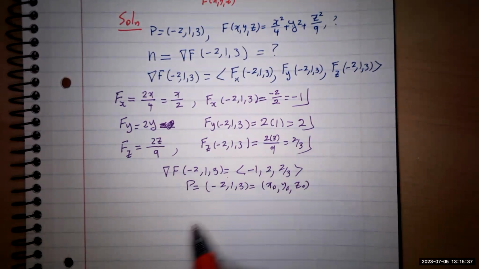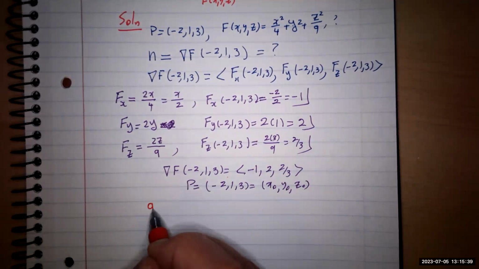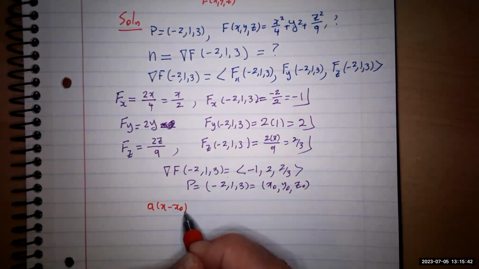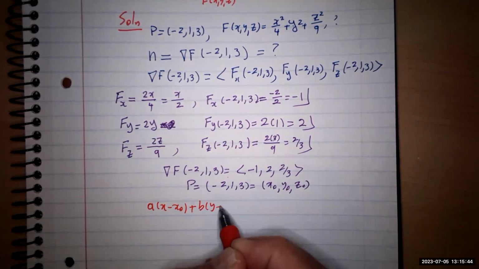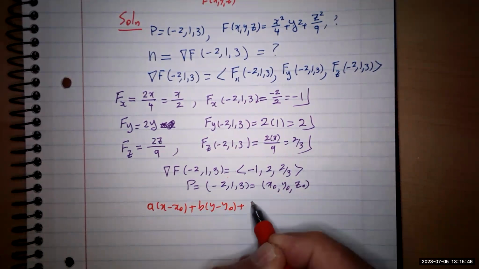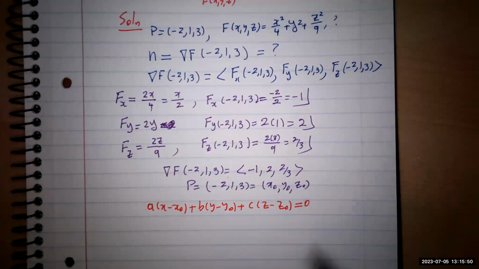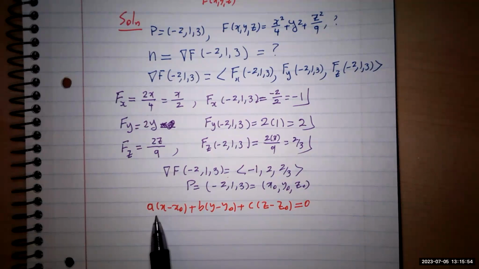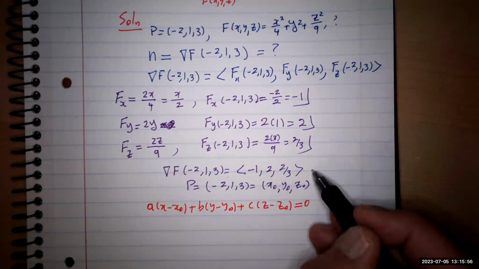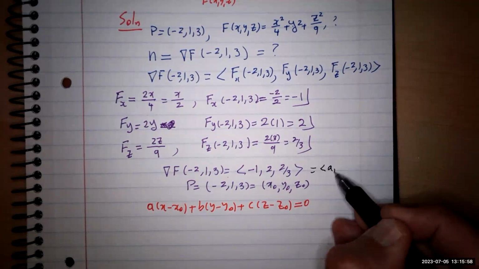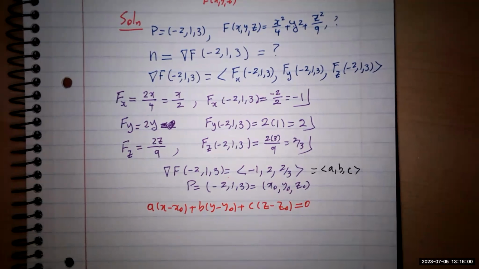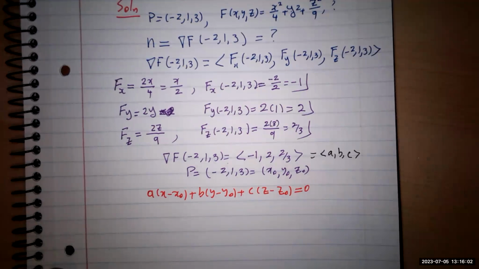The equation of the plane is going to be A times x minus x0, and this is the version I write. You can do it right away. There you are, this is your A, so this is ABC. Or use the formula right away.